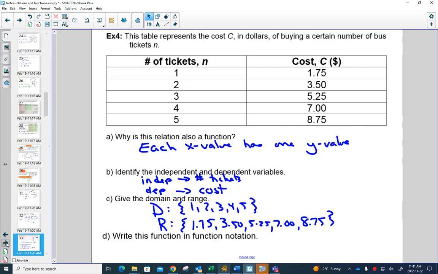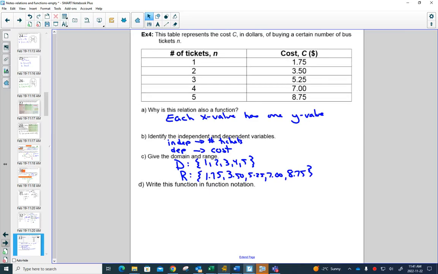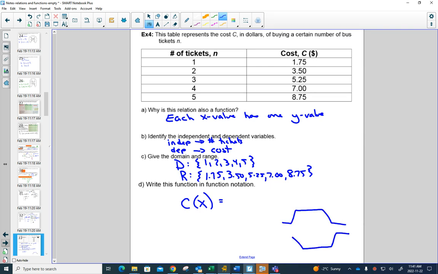Could you make this into an equation? My function here, I would probably do c of x. What would be the equation? Here's your function. You put in 1, out came $1.75. You put in 2, out came $3.50.